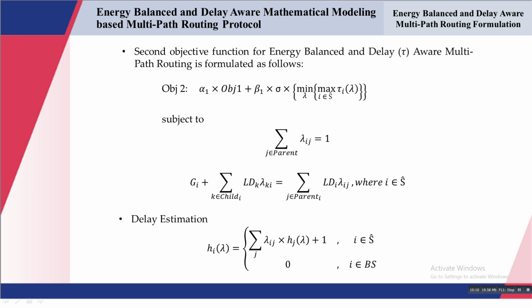After that, this tau value, this delay value, we have estimated in terms of hop count, and this hop count is determined using this last equation. What this says is that if the ith node is the base station, then the hop count value will be 0.